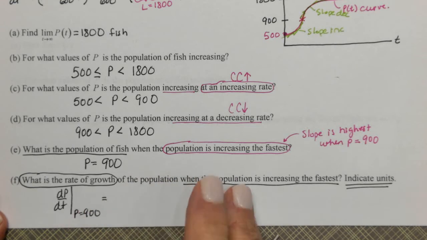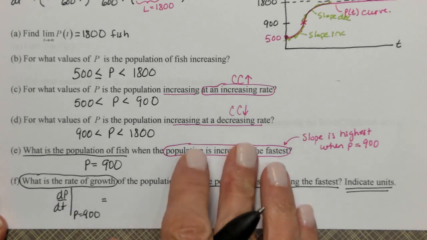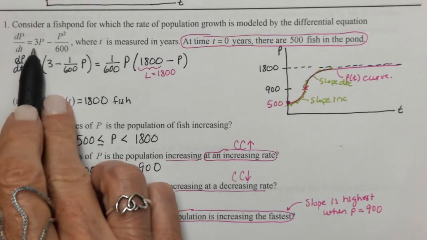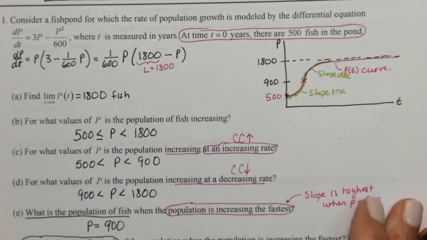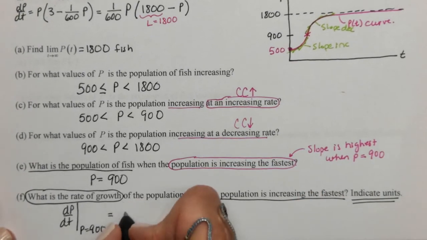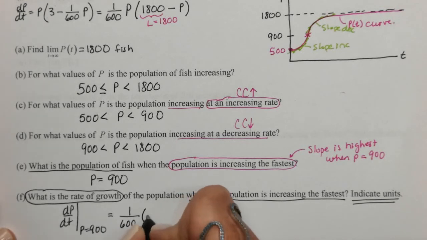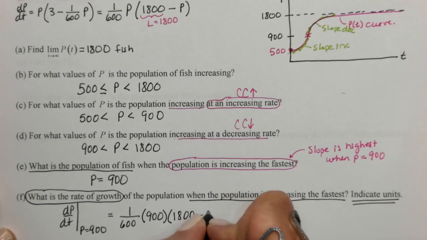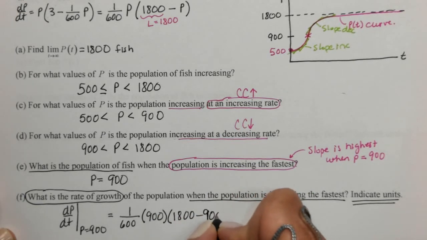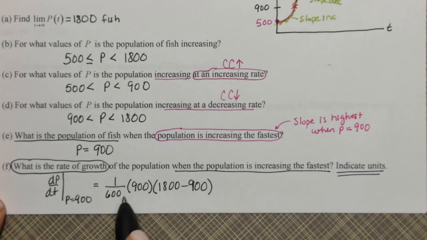I'm going to go back into any of my dP/dt equations and plug in 900 for P. I can go into the original equation, or this equation, or this equation. It doesn't matter at all. I'm just going to go into my last equation: 1/600 times P times 1800 minus 900. I almost wrote P again. Okay, and that's a safe stop spot.